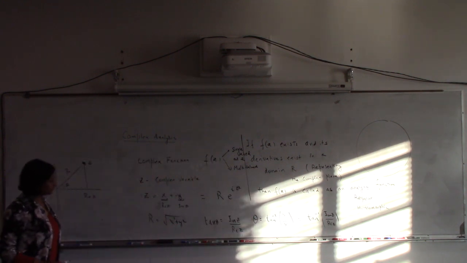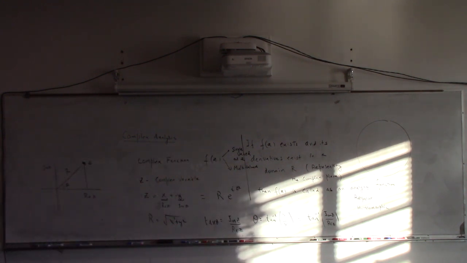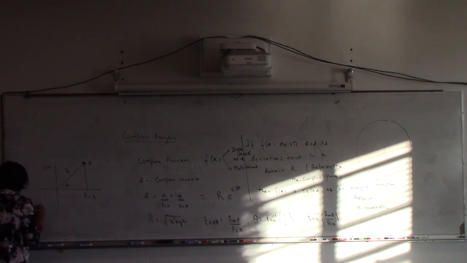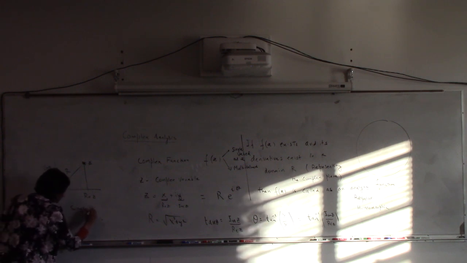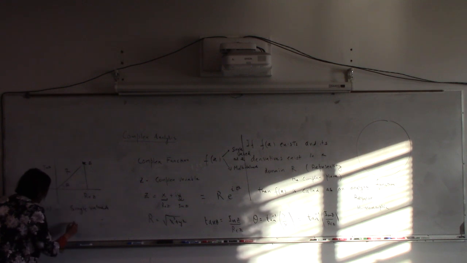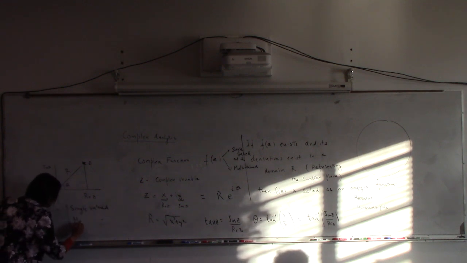So you'll always see these words. If f of z is single valued and analytic, certain theorems come through. So f of z could be single valued or multi-valued, based on the function. I'll explain this to you in a minute.